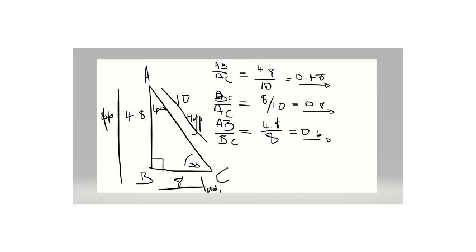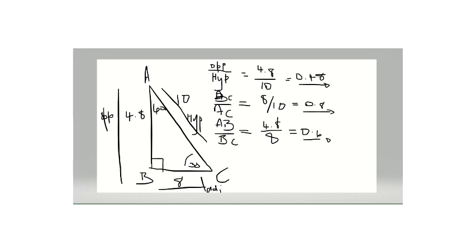So AB over AC, in relation to the angle, AB is opposite and AC is hypotenuse. You're doing that in your workbook, right?